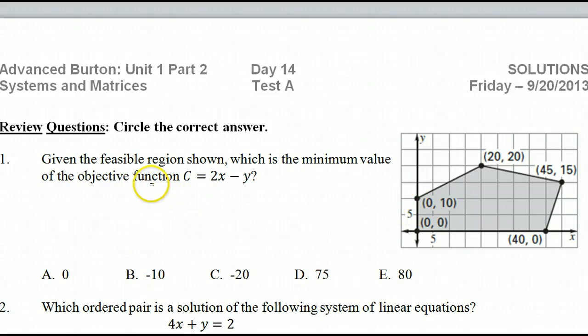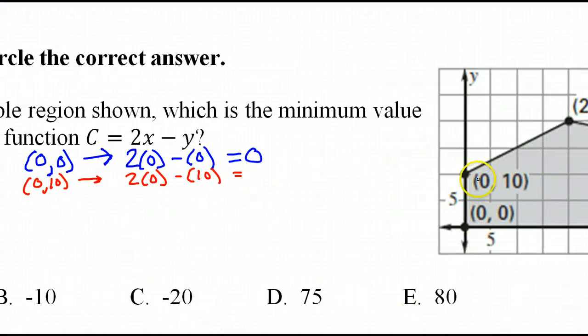So if I do, for example, 0, 0, that's going to be 2 times 0 minus 0, which is 0. If I do 0, 10, then that's 2 times 0 minus 10, and that's negative 10.